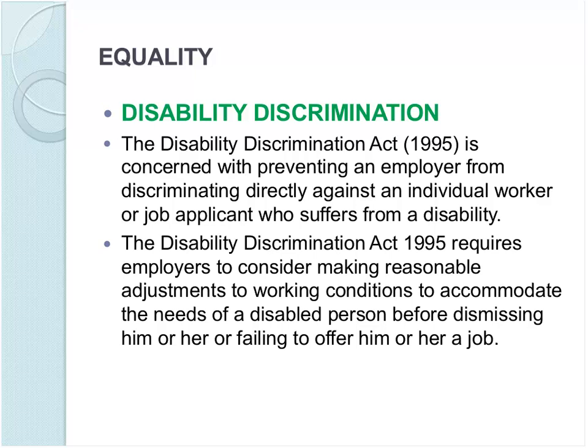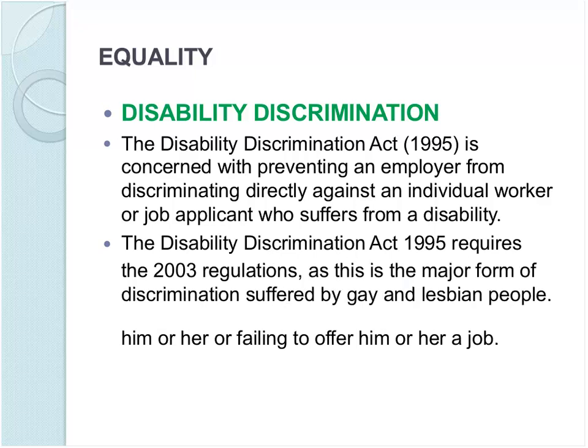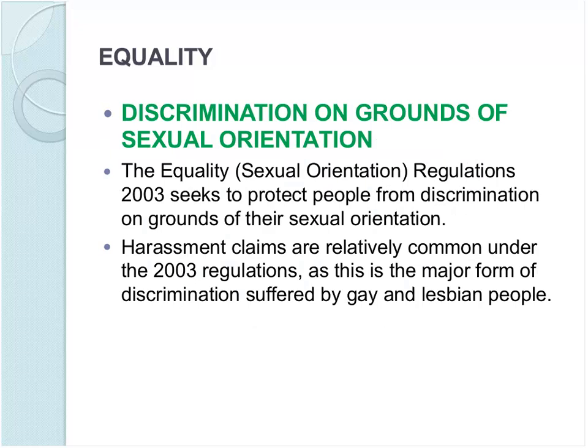Okay, let's move. I hope this is clear, right? Another one, discrimination on grounds of sexual orientation. The Employment Equality (Sexual Orientation) Regulations 2003 seek to protect people from discrimination on grounds of their sexual orientation. Harassment claims are relatively common under the 2003 regulations. This is a major form of discrimination suffered by gay and lesbian people.